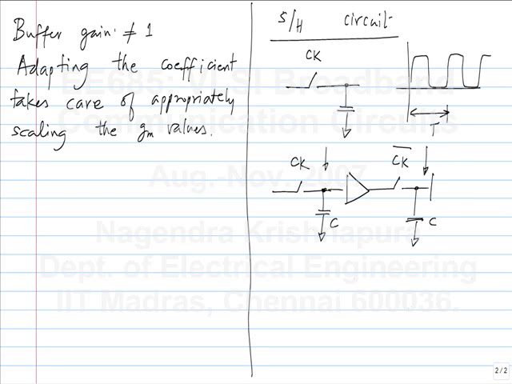So actually I need to use this entire unit as a single sample and hold. So between here and here it has a delay of 1T, isn't it? So this entire thing gives me a delay of 1 clock cycle.